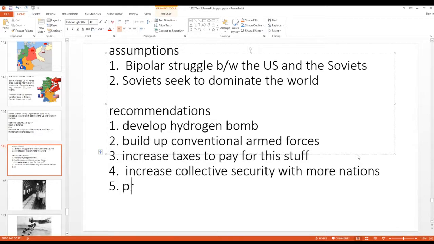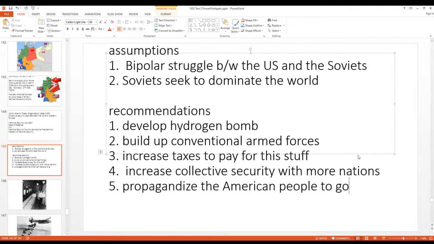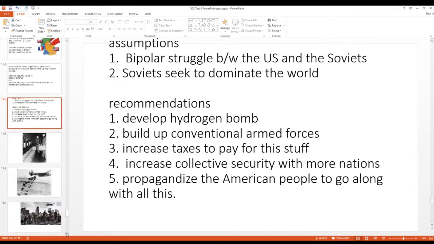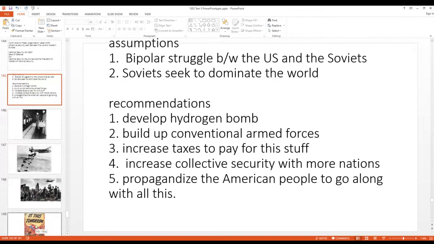And 5, propagandize the American people to go along with this. So those are the 5 recommendations made by NSC 68, based on, again, the previous 5 years.